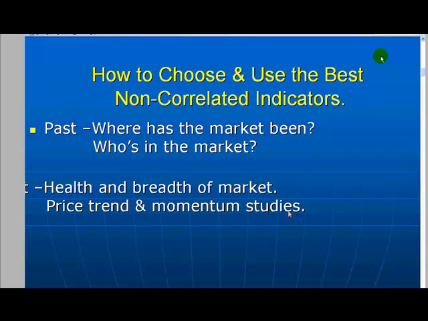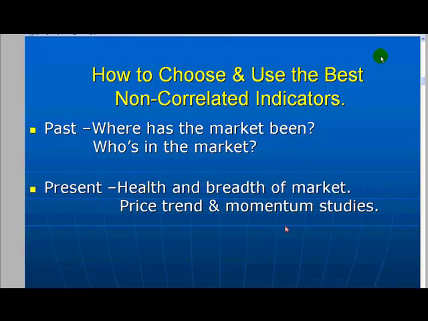What that means is if I'm looking at a moving average study, I don't want to be looking at the same type of moving average settings that might be in an indicator like a MACD, a 12, 26, 9 setting. So I want to avoid any moving average or indicator that are dependent upon each other. That would not be a non-correlated indicator.